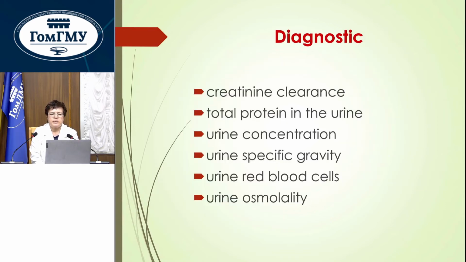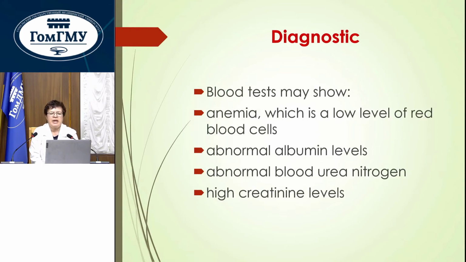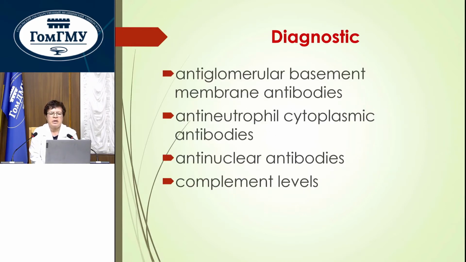Diagnostic. To diagnose the disease, it's necessary to do creatinine clearance, total protein in the urine, urine concentration, urine specific gravity, urine red blood cells, and urine osmolarity. Blood tests may show anemia, which is a low level of red blood cells, abnormal albumin levels, abnormal blood urea nitrogen, and high creatinine levels.